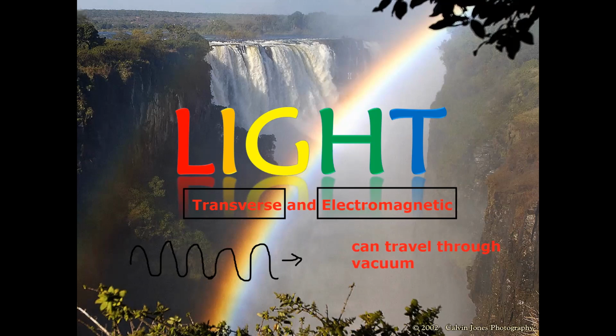And how can we say that the light can travel through vacuum? So this is our sun, and this blue is representing the earth.